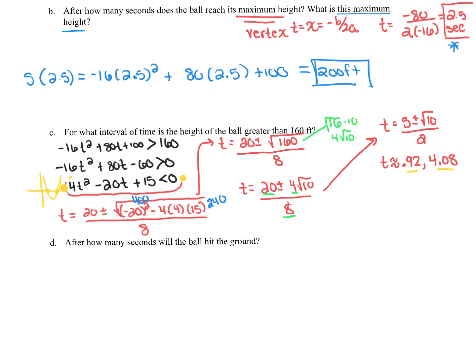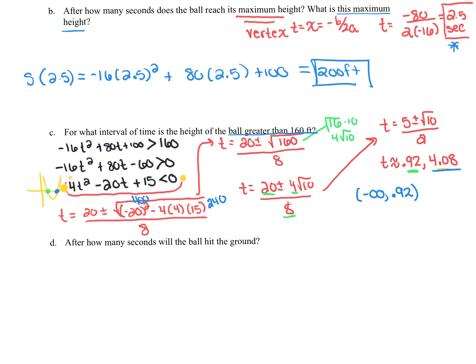So here's what we know. This first dot right here is the 0.92. 4.08 is bigger than that, so this is my 4.08 dot. And it wants to know where it is greater than 160. Well, I'm greater than 160 from negative infinity until that 0.92 when I touch and cross the x-axis.